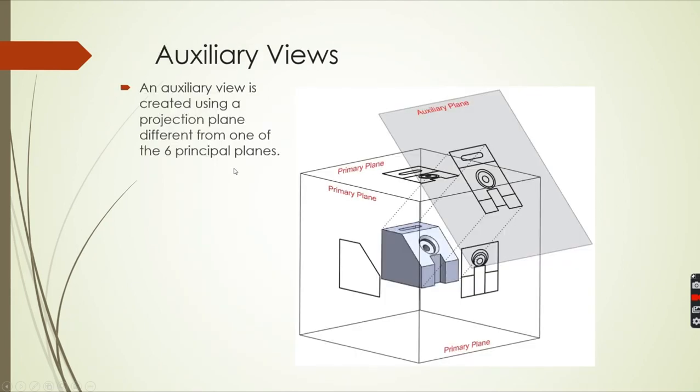Auxiliary views. An auxiliary view is used to create a projection plane that is different than our normal six principal planes. For example, if we look at the three views of this particular object, in the top view these circles are going to be shown as ellipses and are not going to be the true shape.